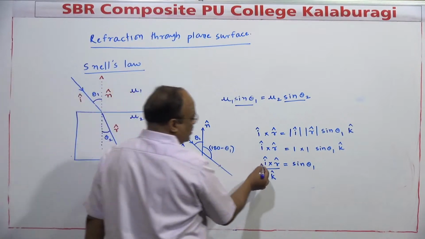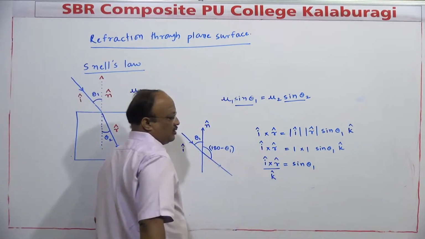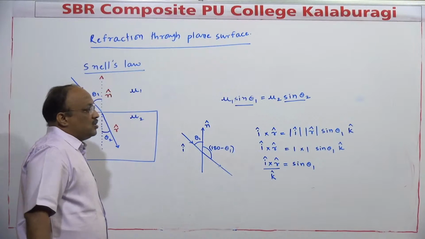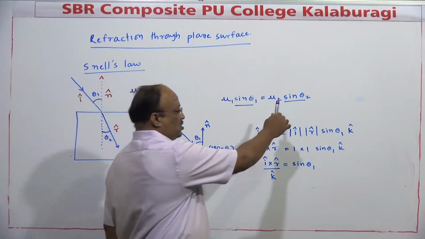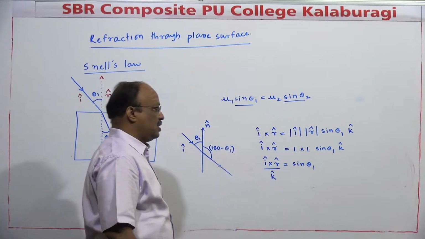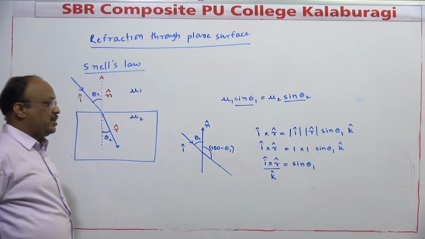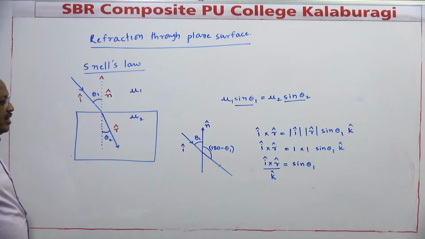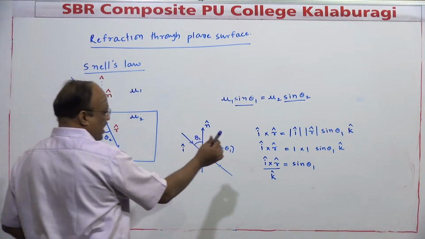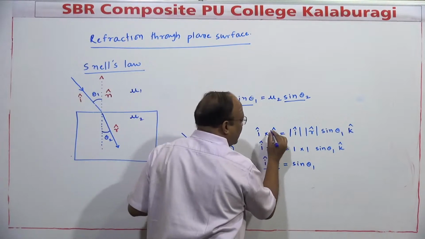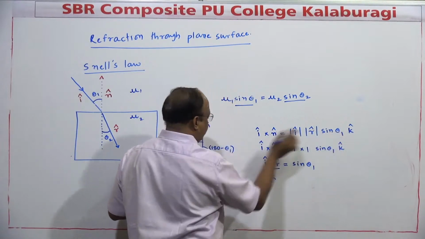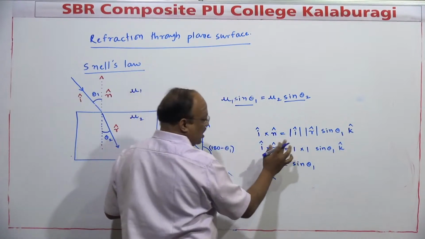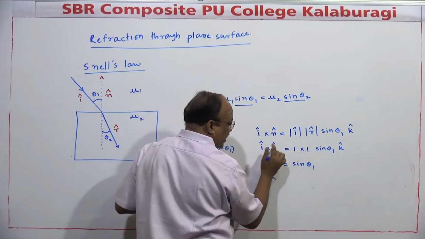So sine theta 1 is equal to I cross R. Similarly, I have to find this sine theta 2. Here I have taken n; it should be n cap, because theta 1 is the angle between these two, not R. It is n.